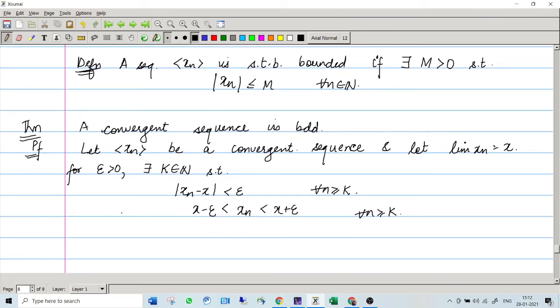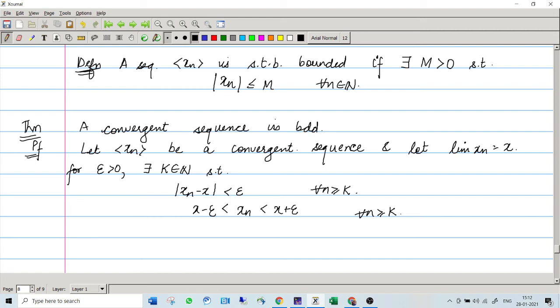You know the definition for bounded, the second definition which we have considered? The theorem says that a convergent sequence is bounded, meaning you have a sequence which is convergent and you would like to show that it will be bounded. So let us start by considering a sequence xn which was convergent.